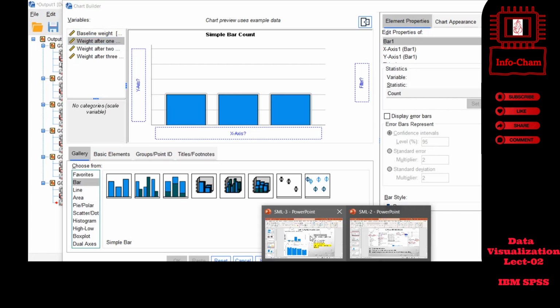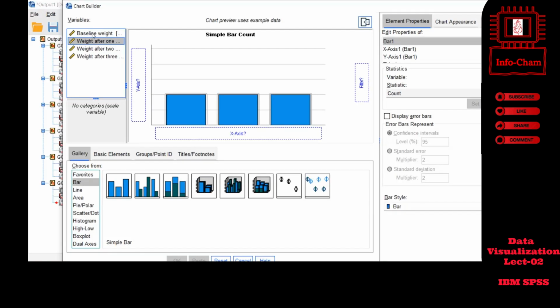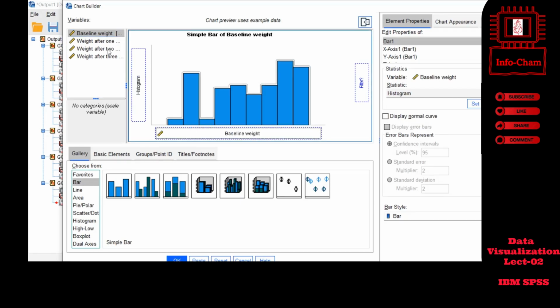What I did here, I put baseline weight, weight after 1 month, weight after 2 months, weight after 3 months. Yes, it is okay. I was basically putting all together. Just a moment, it is not good.